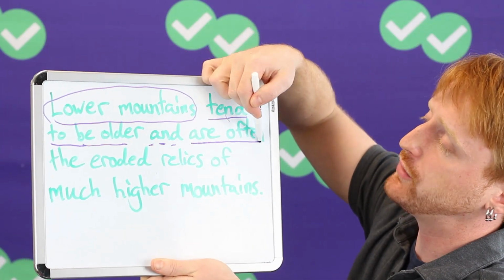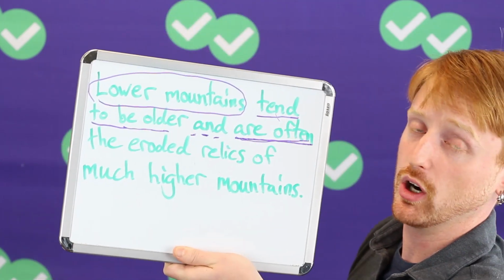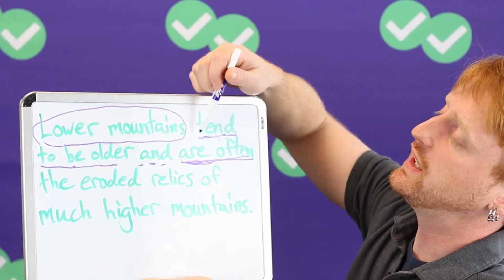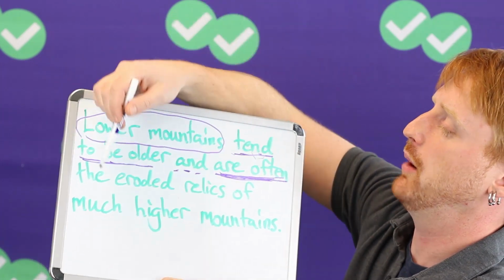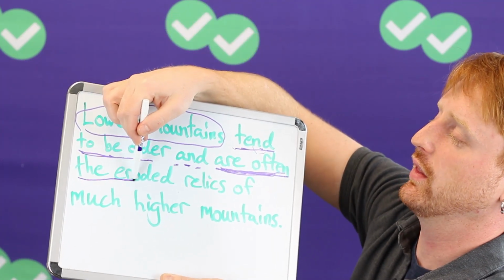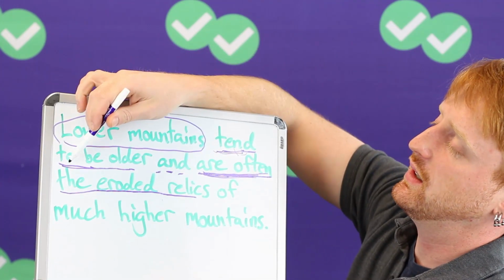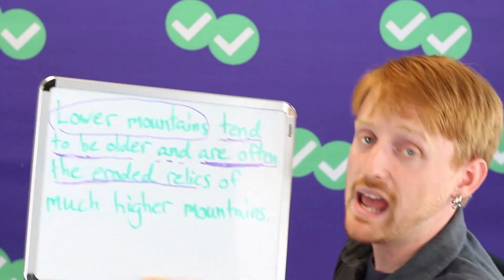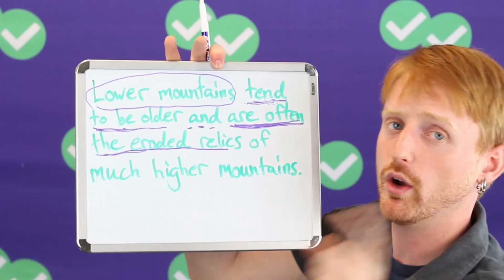And are often, and this is not a very informative verb, but it is a verb, are. And these two together, tend to be older and are often, I'm just going to even go further, the eroded relics. This will be my two verbs. There can be two main verbs in a sentence. Don't get stuck on one word.